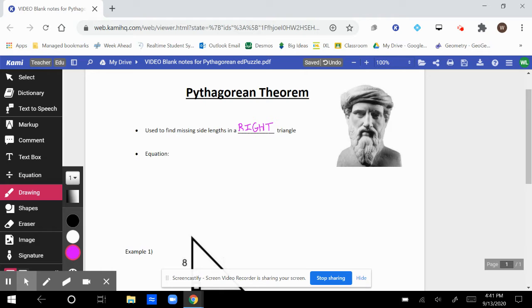Okay, and I want to point out that a right triangle means that we have a triangle that has a right angle. I'm going to use the symbol for a triangle with a right angle.